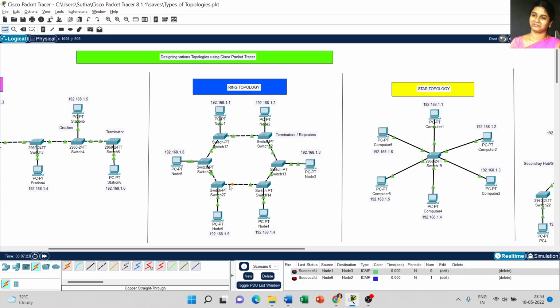Sometimes when we are creating the network structure, if it is not yet configured, it may show the orange color. If it is red color, definitely we cannot send any data and it may fail. The orange color may change to green after some time. So no need to worry about the orange color.